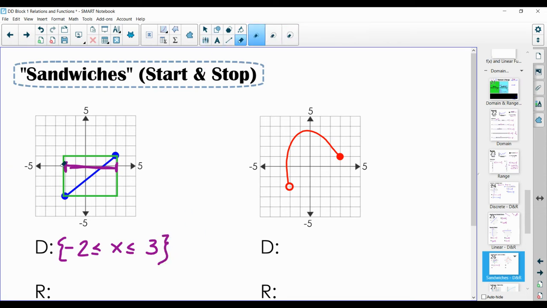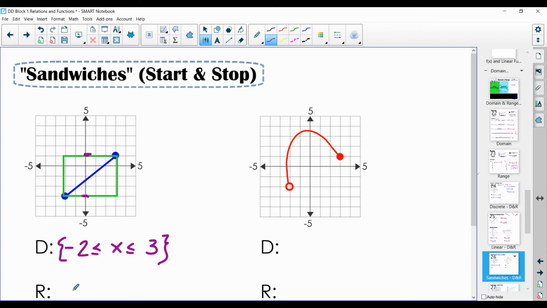Now, when we're looking at range, we're looking at our limits based on the y values. So we have a value here of +1, and we have a value here of 1, 2, 3, -3.